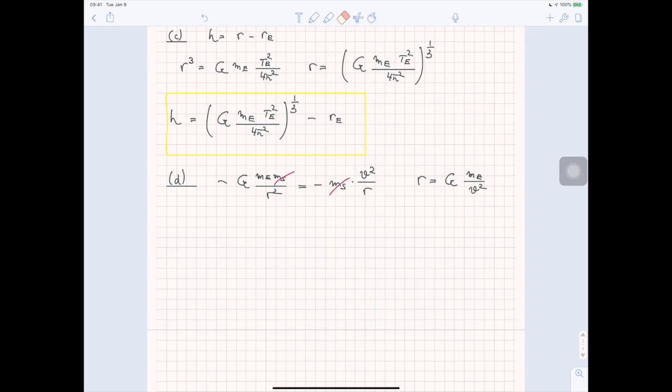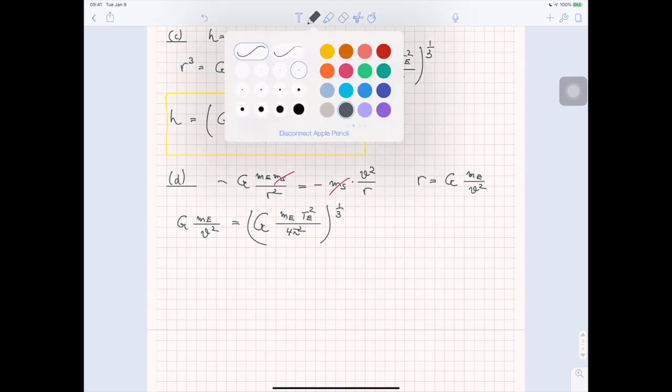So we have G Me divided by v squared equals G Me Te squared divided by 4 pi squared, and the whole thing to the power of 1/3.